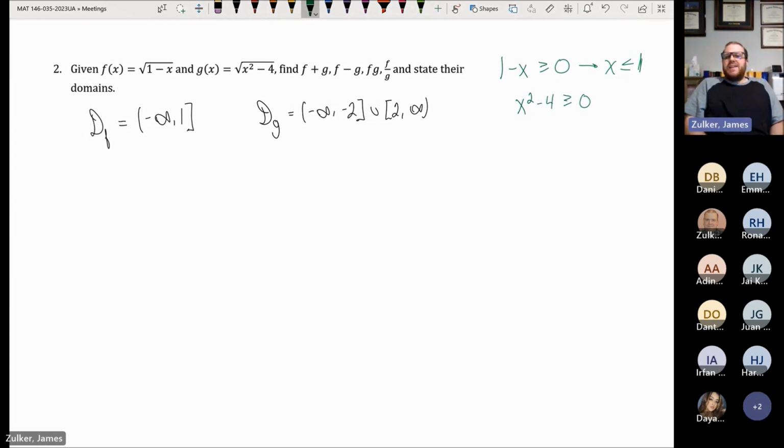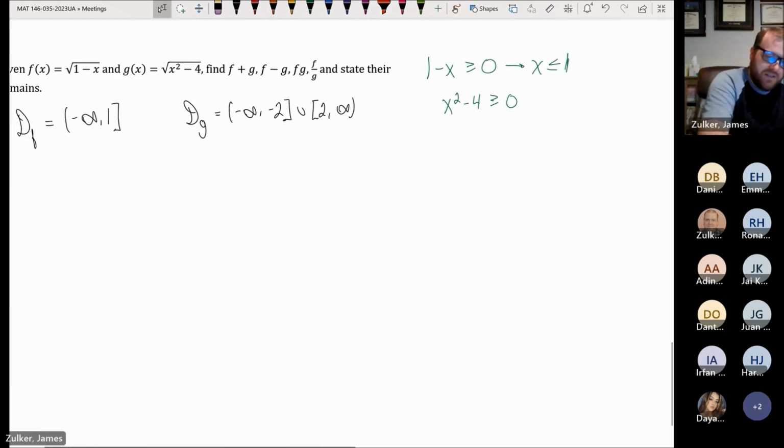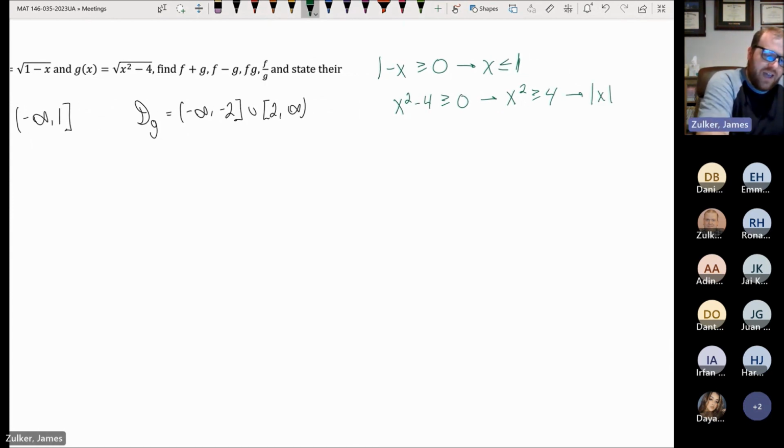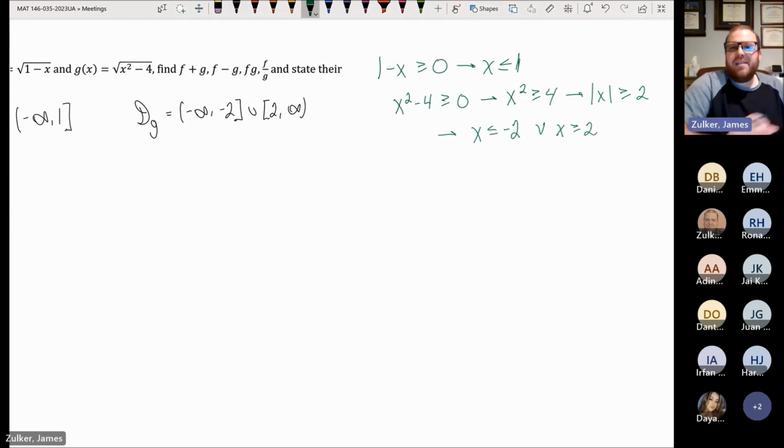All right, you have to solve that inequality, x squared minus 4 greater than or equal to 0, which is actually very simple to do. Means x squared has to be greater than or equal to 4, which means the absolute value of x is greater than or equal to 2.